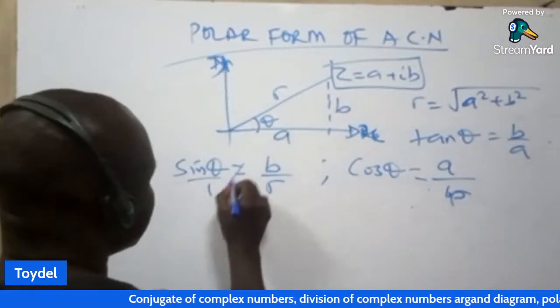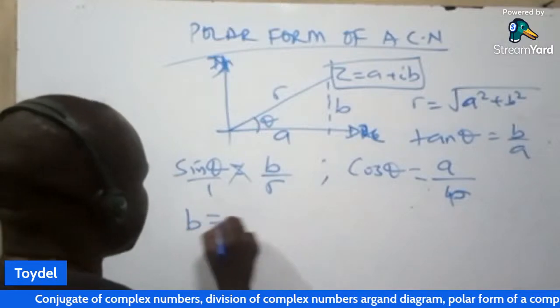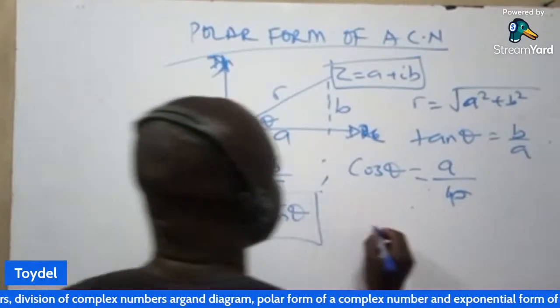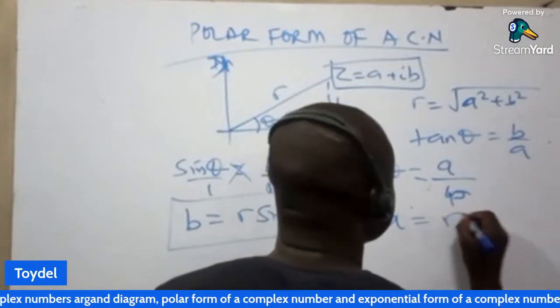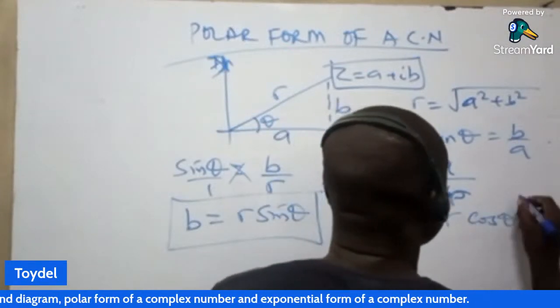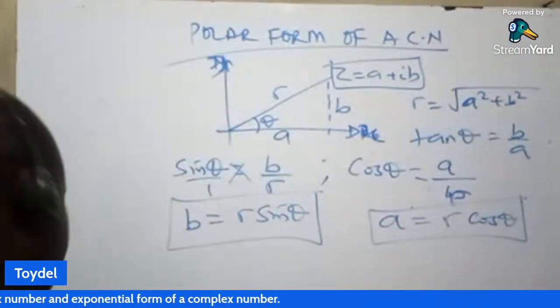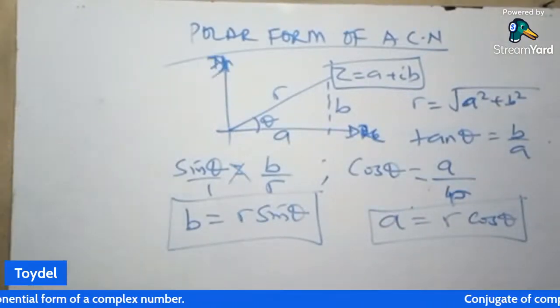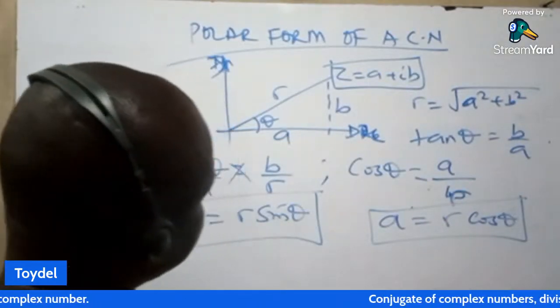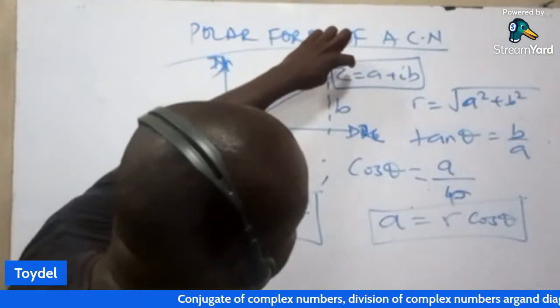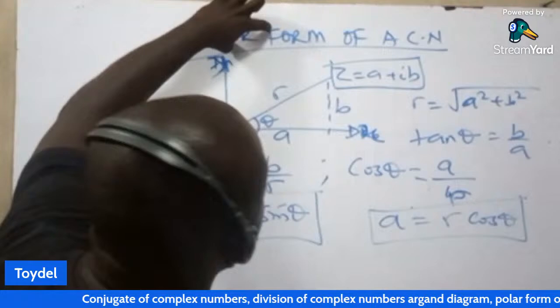So I can make b the subject of the formula when I cross multiply. b will be equal to r sine theta, and a will be equal to r cos theta. That is what we get from this diagram. Now I want to rewrite this complex number from standard form to polar form.